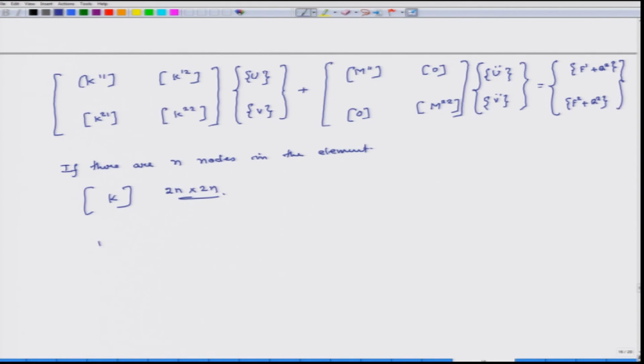Okay. If you do the math and you work out all the details, because of that equivalence, K12 is same as K21 transpose. Also, when you do the math, you will see that K11 is symmetric, and also K22 is symmetric.